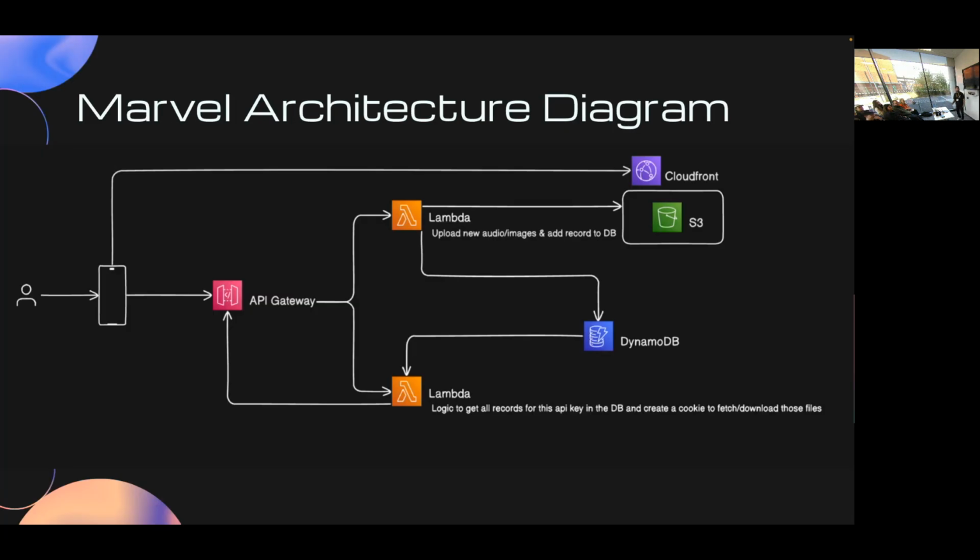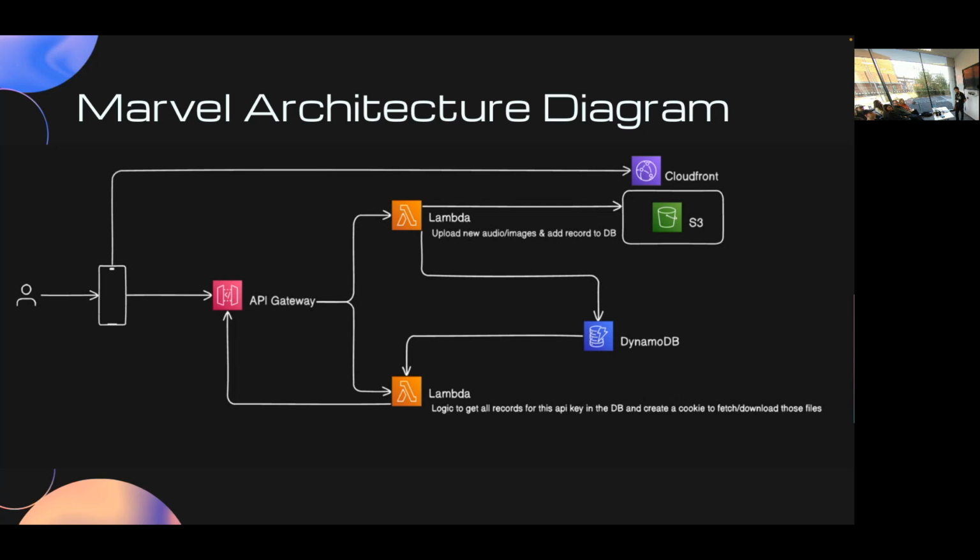Marvel is a media content platform we developed at Hamilton Robson. It's for users to upload and store audio files. And as you can see, it utilizes many of the different AWS services, such as API Gateway, Lambdas, DynamoDB, S3, and CloudFront. These services are the building blocks of our architecture, but they're also represented in another format that we've been using to make learning and implementing these services more engaging.